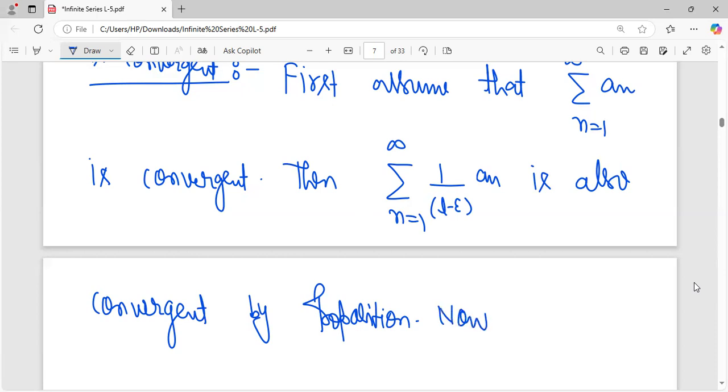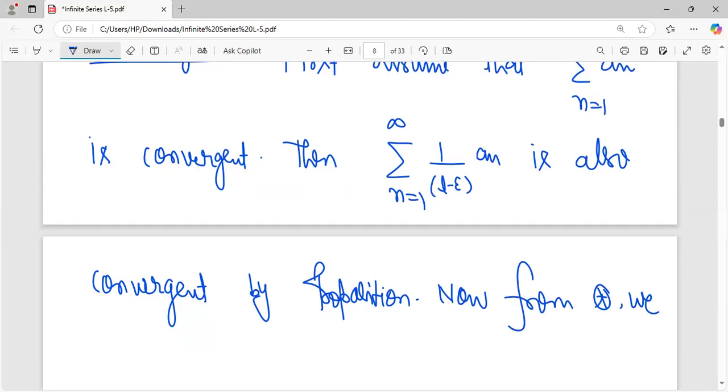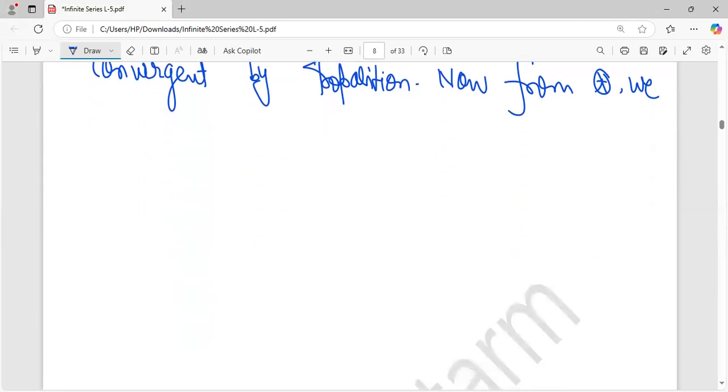Now from star we have (L minus epsilon) b_n less than a_n.